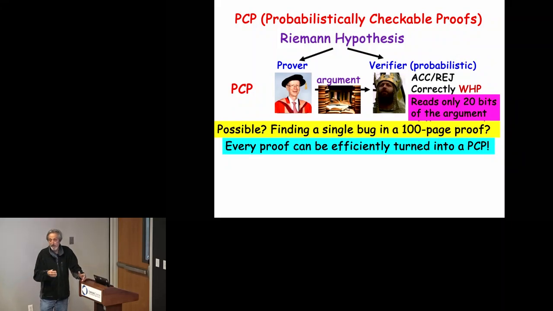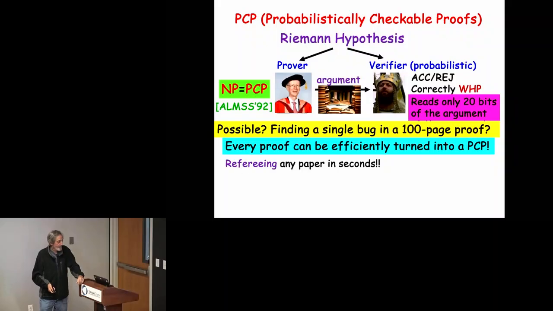If the first proof had a bug somewhere, the new proof will have bugs everywhere, so that random sampling will catch it. So again, very surprising. This is our result, that PCP equals NP: everything provable is provable by these snapshot proofs.